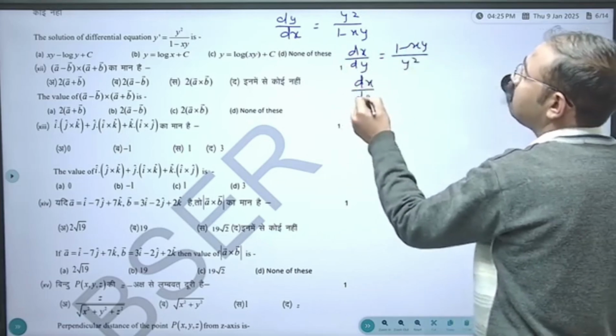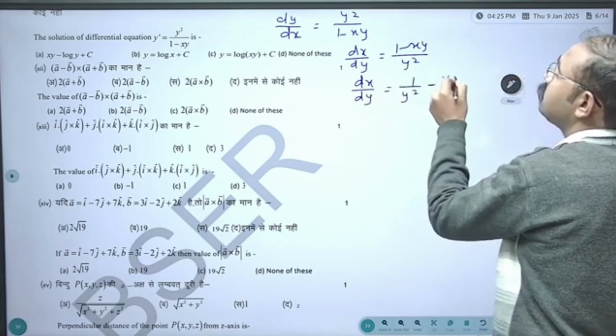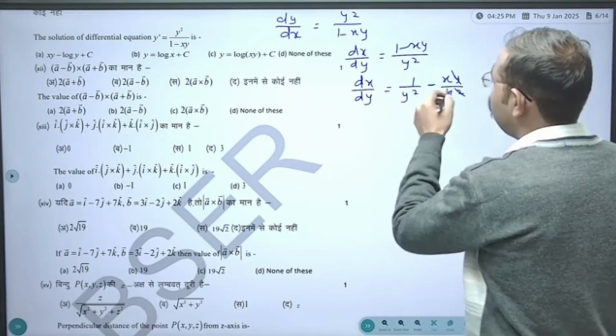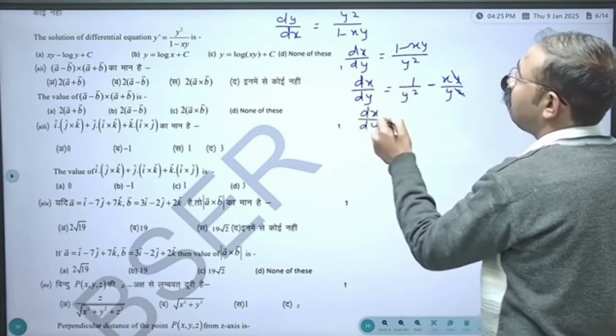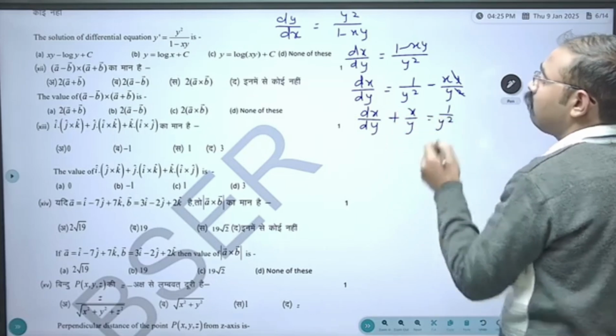Separating these, dx upon dy is equal to 1 upon y square minus xy upon y square. One y cancels with one y. Transposing x upon y to the left side, dx upon dy plus x upon y is equal to 1 upon y square.